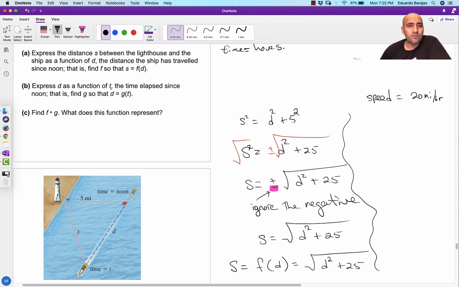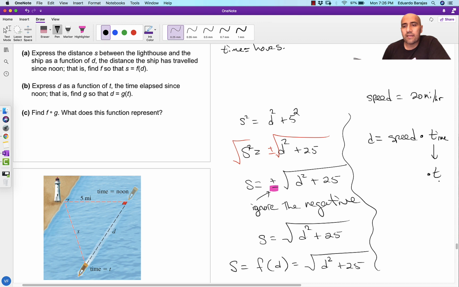So if he travels for a time t at 20 miles per hour, his whole distance is going to be equal to the product of those two, the speed times the time. So the distance traveled is equal to speed times time, and time is just t.